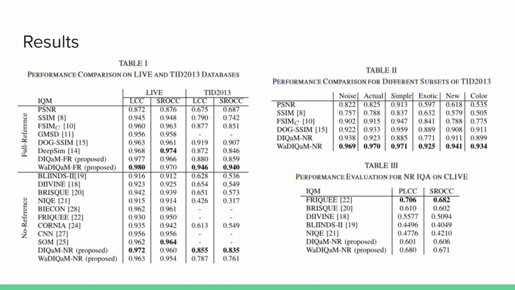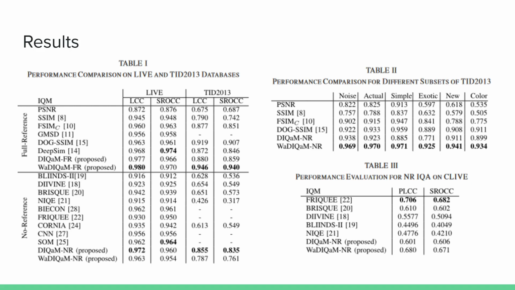So if we look at table 2 on the right, which focuses on the performance comparison for different subsets of the TID 2013 database, you can easily tell that the weighted no reference model performs better than every other model it is tested against, and doesn't get lower than a 0.925 on any category.